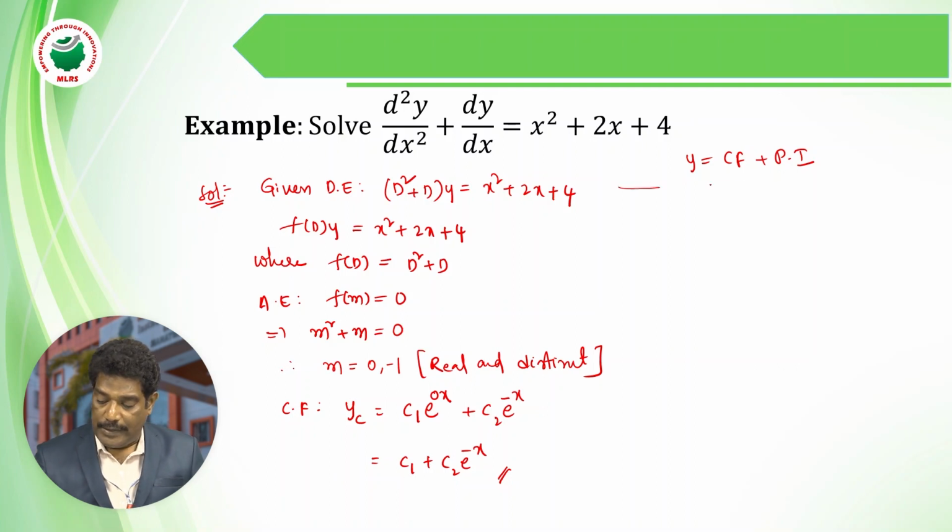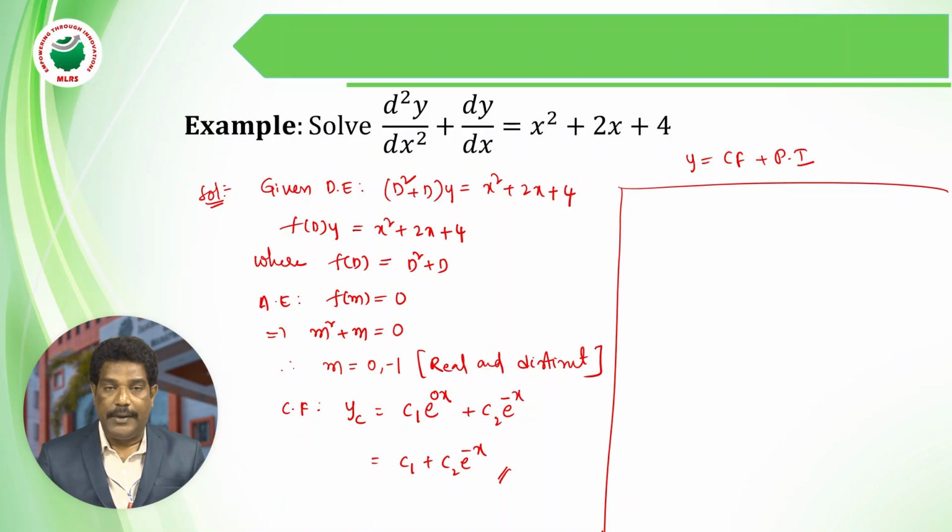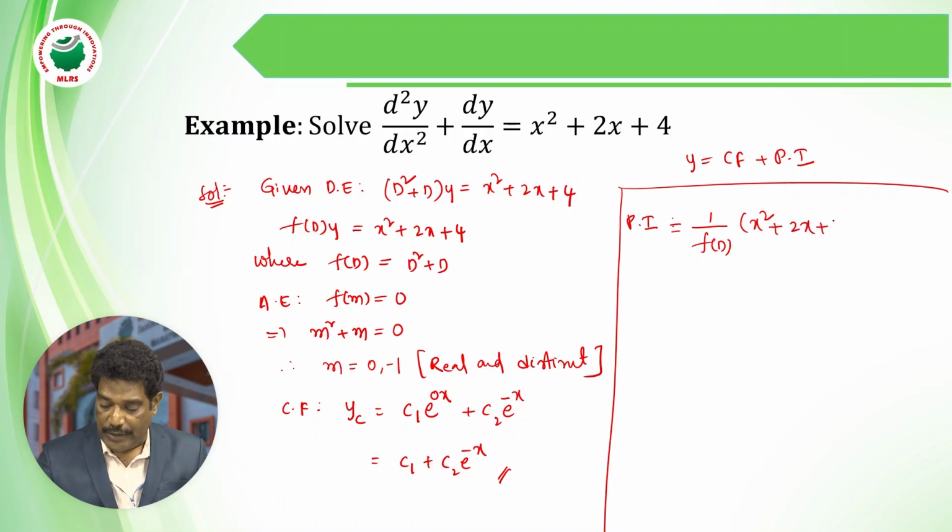Now we are going to find the particular integral. Let's start finding the PI, that is 1 by f of D into whatever the right side function is, x square plus 2x plus 4.